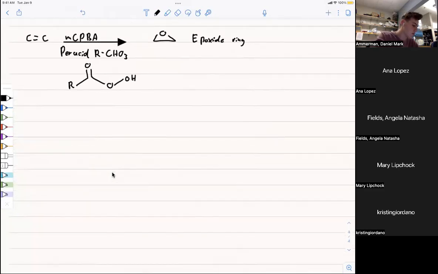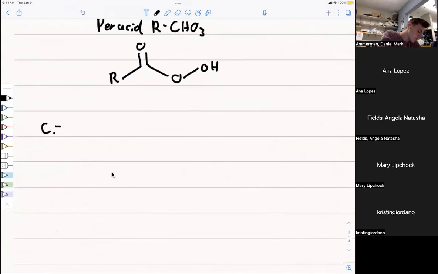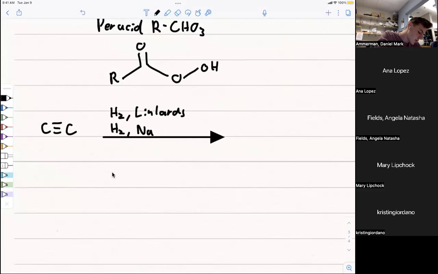What else is there? There's only a few. The other two that are similar to that saturation thing with the hydrogen, and this is only done with a triple bond actually. So if you have H2 with Lindlar's, then you end up with a cis one, and then H2 with dissolving metal, or Na, NH3, I think it is.